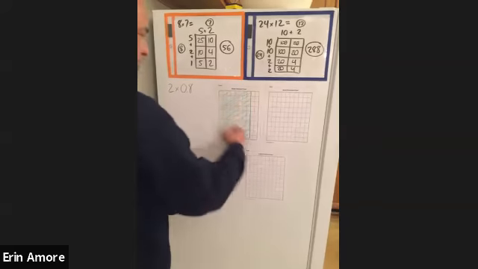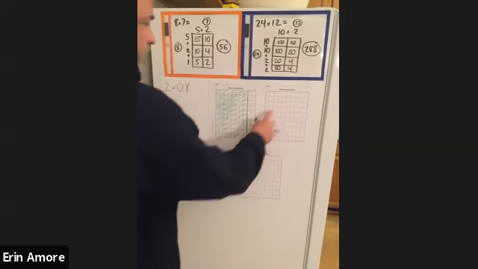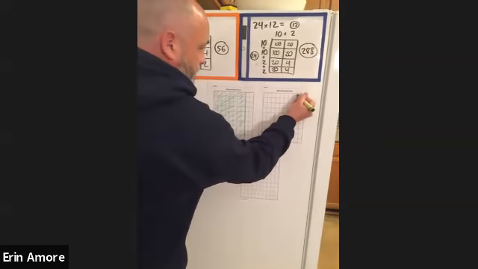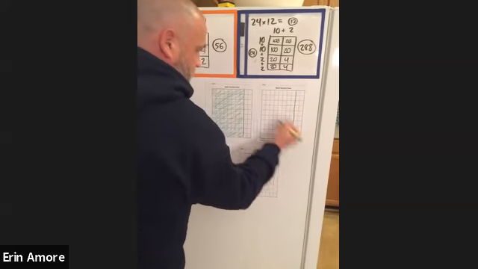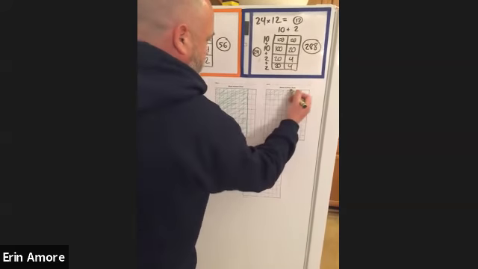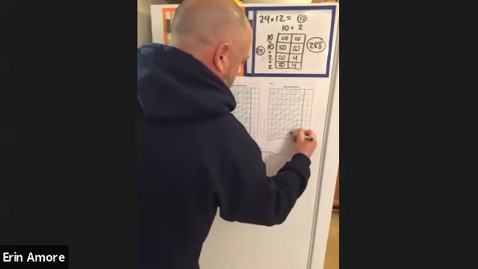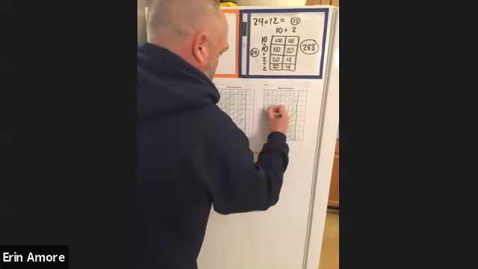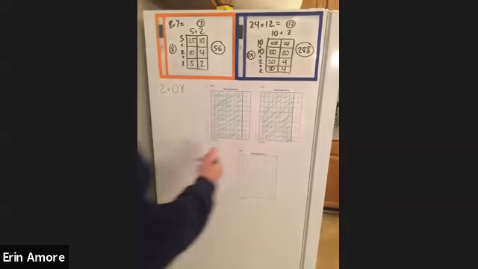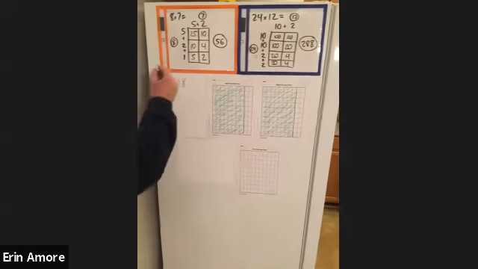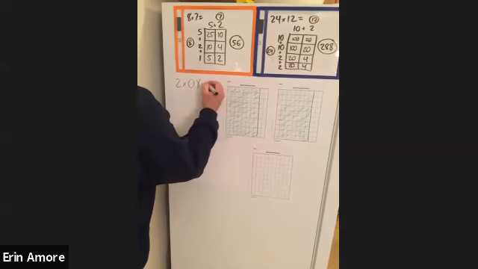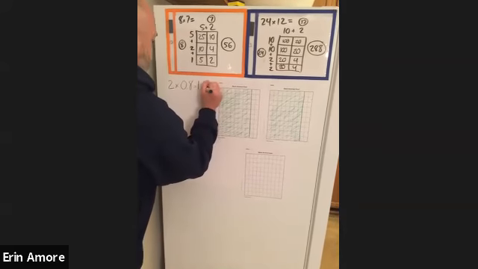So this whole thing is one whole, that's 8/10. Now I have a second one I got to use. There's my 8/10 again. So what is 2 groups of 8/10? It is 1 and 6/10.